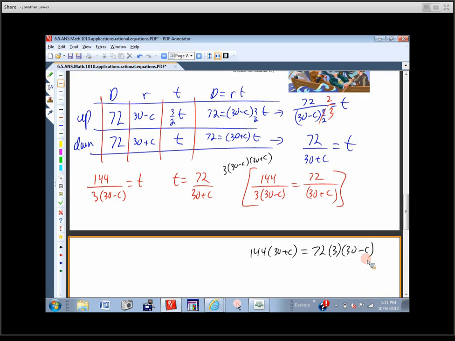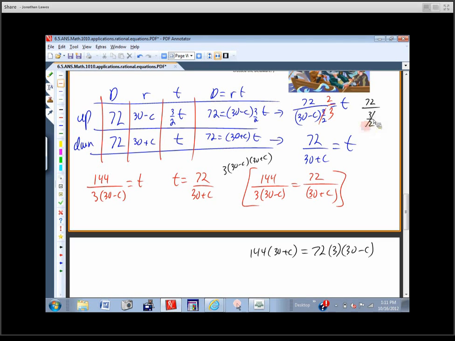So, would you multiply both the top and bottom by 2/3, or just the entire equation? Right here? No. Let me show you this. What if it were 72 over 3/2?